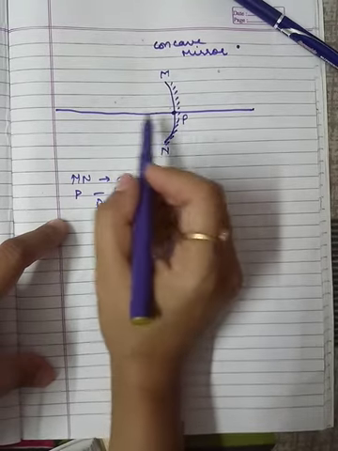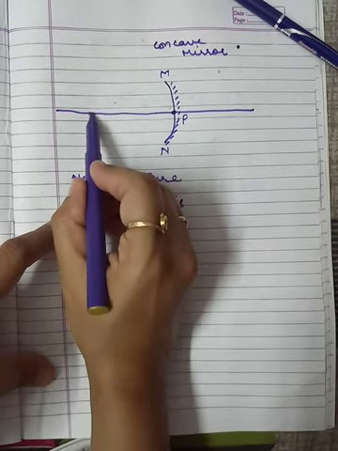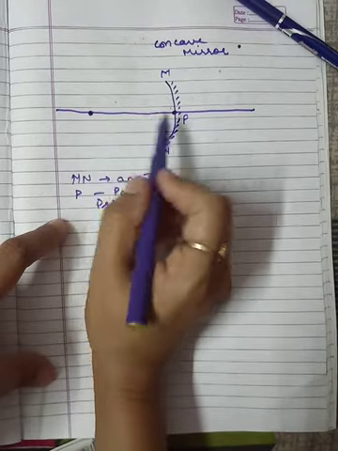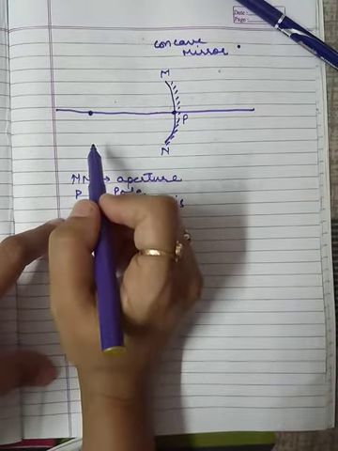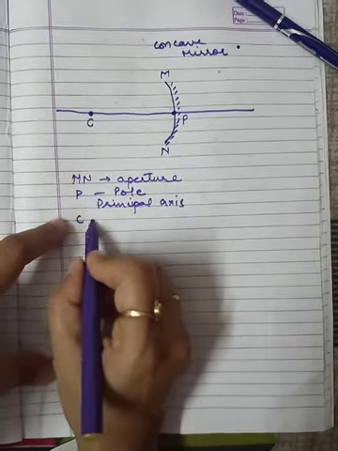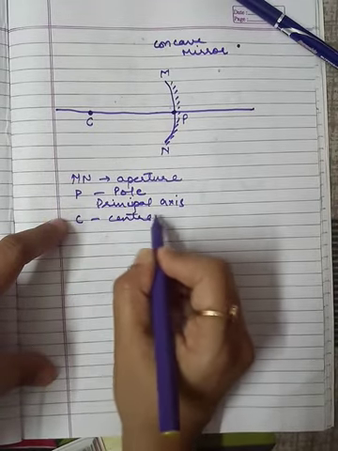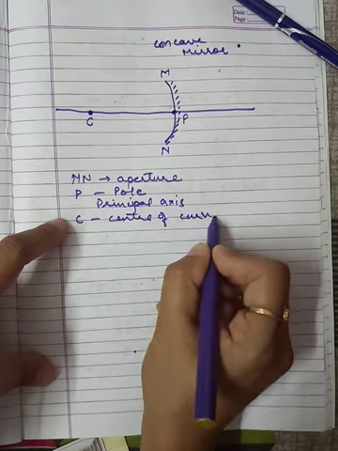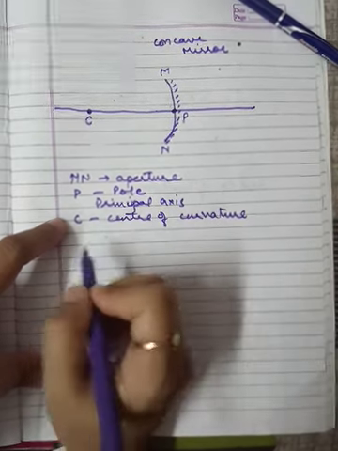On this principal axis I have a point which is the center of the sphere from which the mirror has been taken out, known as the center of curvature. This we have understood.